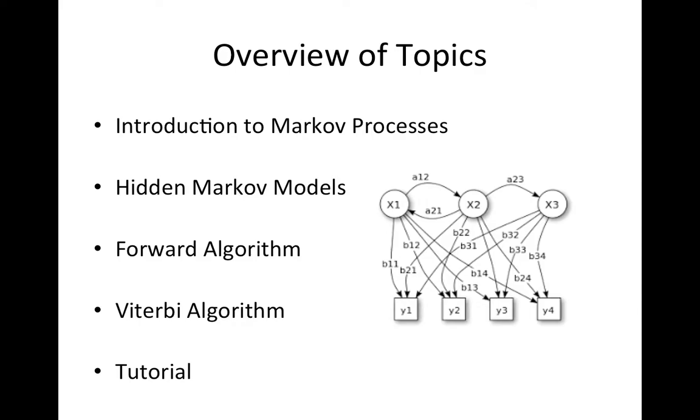So we will see how the evaluation problem is solved by the forward algorithm, and then we will see the decoding algorithm, which is essentially Viterbi's algorithm for solving the states. And I will not go over the learning problem, which is much harder and more complicated.